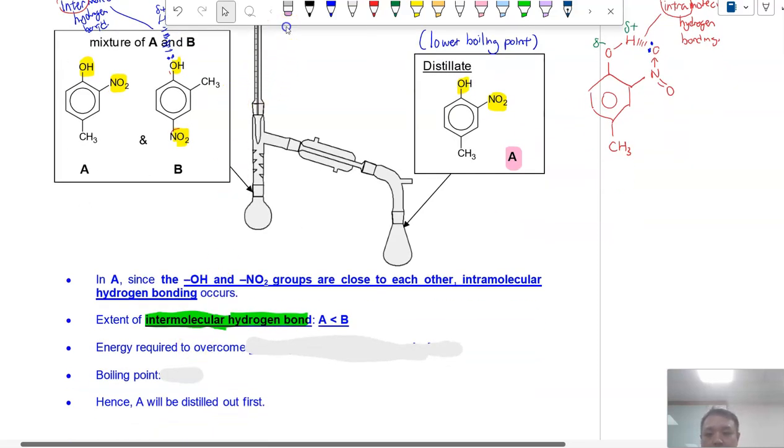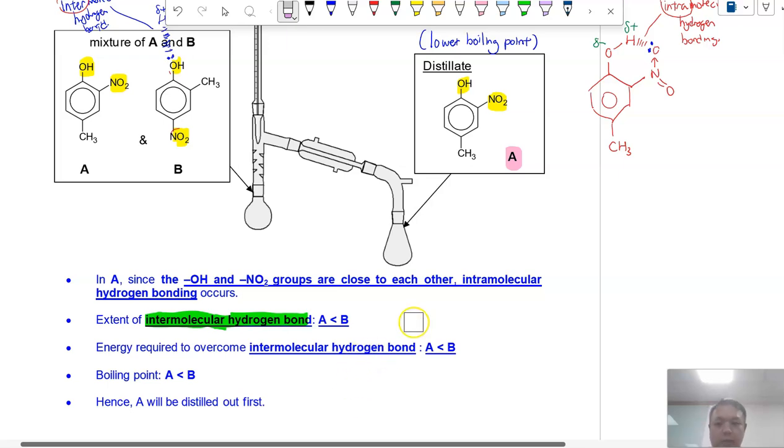As a result, intermolecular hydrogen bonding in A will be less extensive, and therefore less energy is required to overcome the intermolecular hydrogen bonds in A compared to B. Therefore, the boiling point of A will be less than B, and A will be distilled out first.